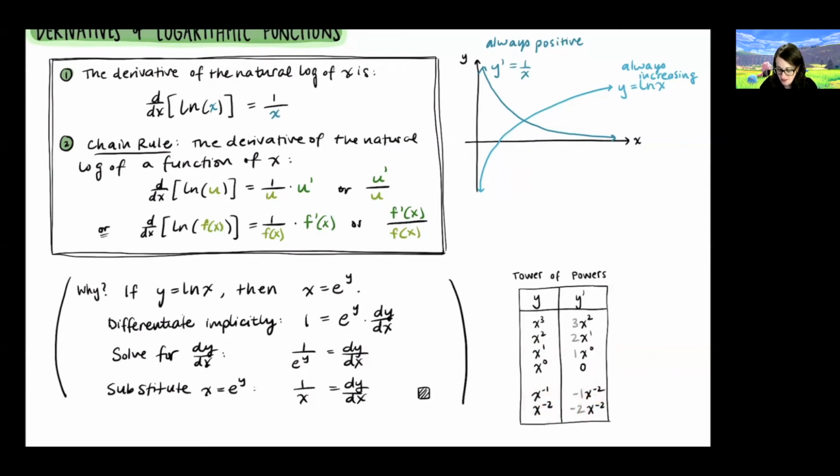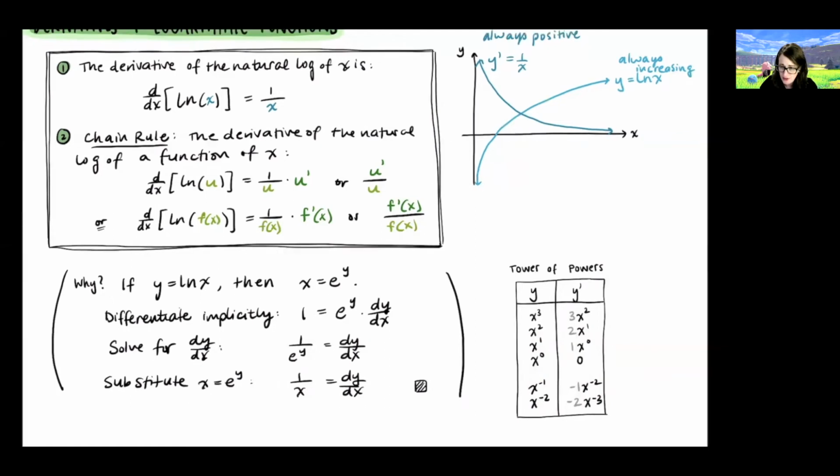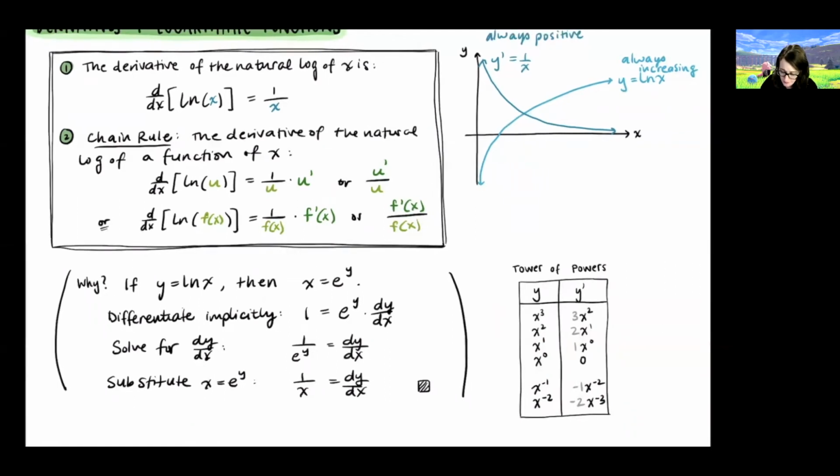So we actually have a gap in our derivative column where we don't have x to the negative 1. It skips. We have this gap. And so the natural log of x fills in this gap, which is kind of nice.